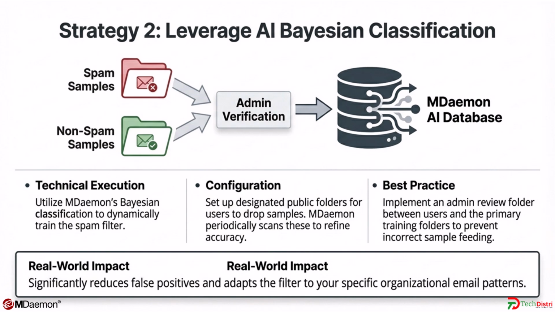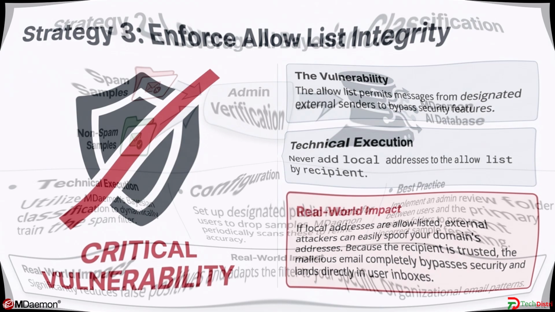These samples are used to refine the classification database. A best practice is to create designated training folders where users can submit spam and non-spam samples. Administrators should periodically review these samples before feeding them into the training engine. With continuous learning, Bayesian filtering adapts to your organization's real email traffic patterns.